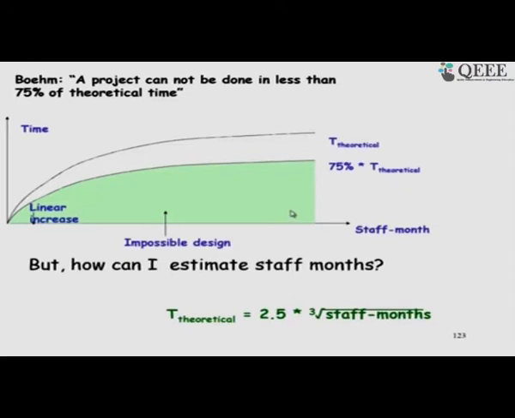So, that was his analysis, that if you have estimated it to last 1 year, then you can at most do it in 9 months. So, that is 75% of 12 months, 9 months.